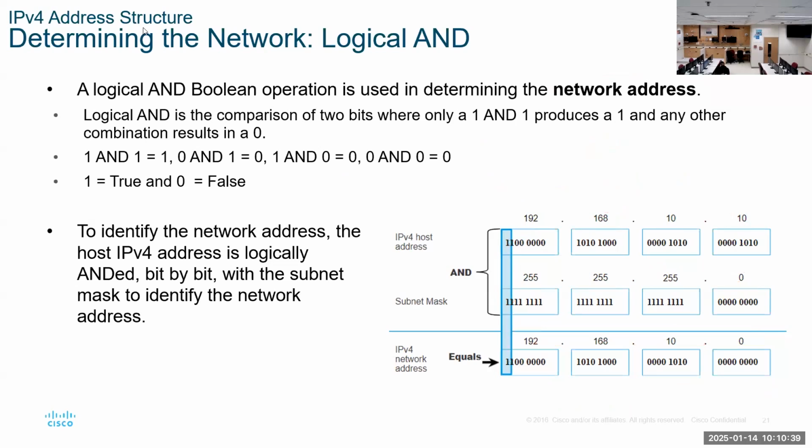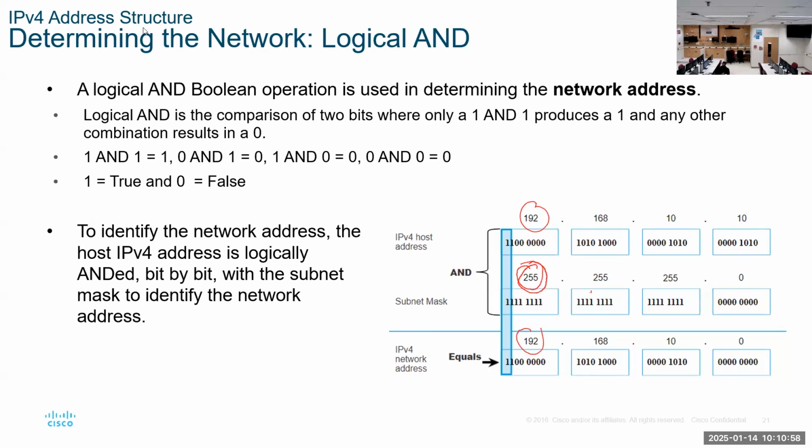And if you do it manually, I give you a shortcut here. Whenever you AND with 255, you keep it the same, because with all ones it stays the same. So if I see the 8-bit number 255, I keep the same.